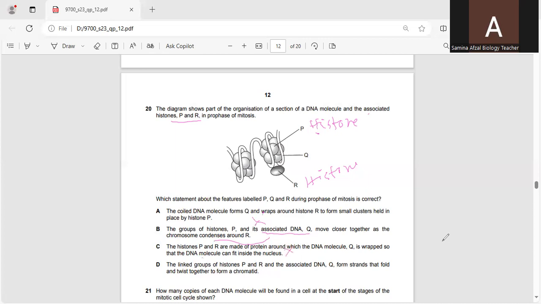The linked groups of histone P and R and the associated DNA form strands that fold and twist together to form a chromatid. So this is the correct description of the picture given above. So D is the correct option in this case.